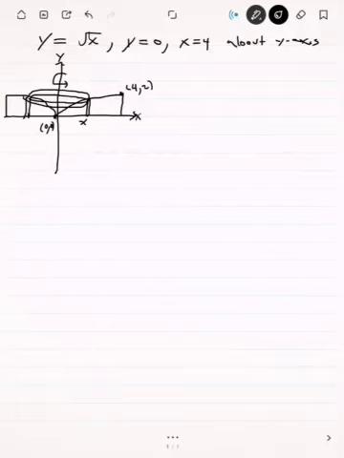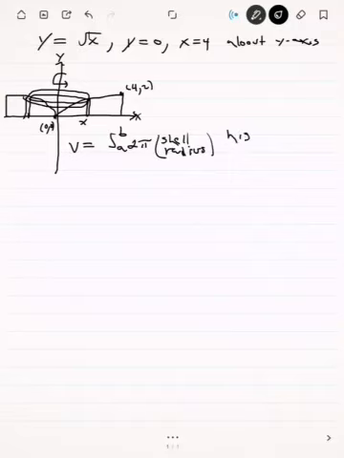And the volume using cylindrical shells when you revolve a region about the y-axis is equal to the integral from a to b of 2 pi times the radius of the shell times the height of the shell with respect to x.